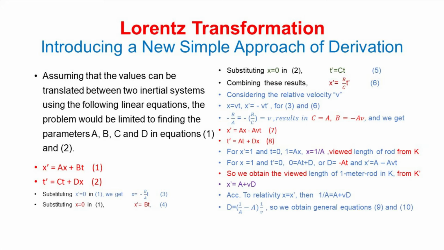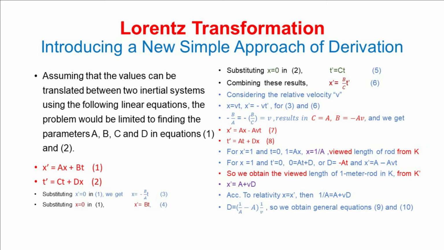Combining these results, we obtain equation 6, x' equals b over c times t'. Considering the relative velocity v, x equals vt, x' equals minus vt'.